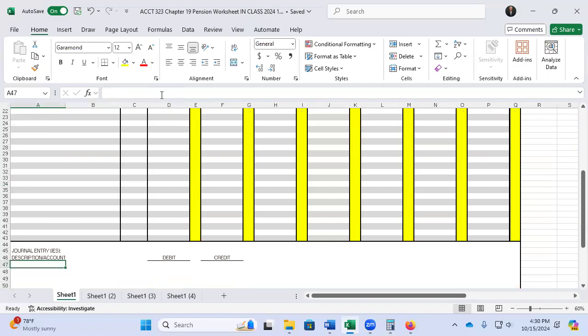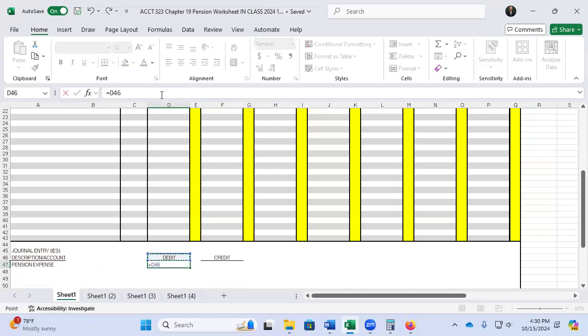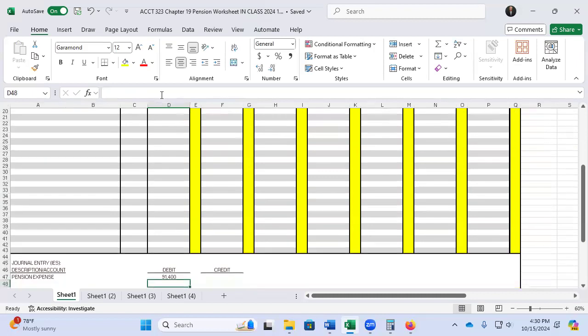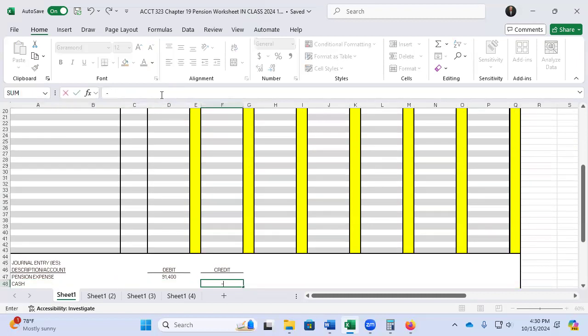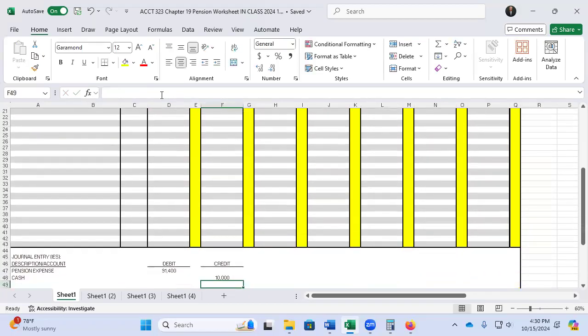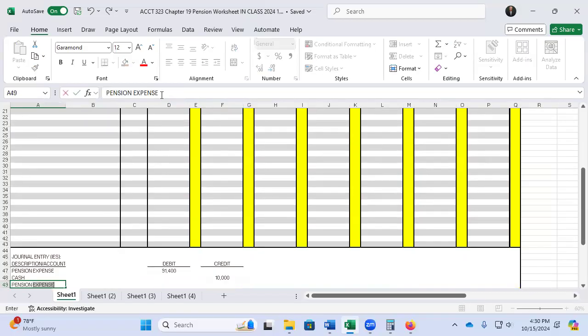So we get down here and we have pension expense, credit to cash, and the credit to pension asset liability.